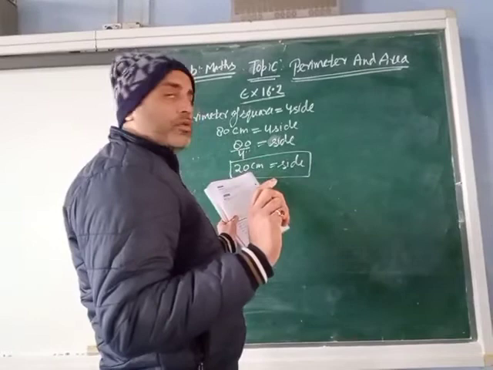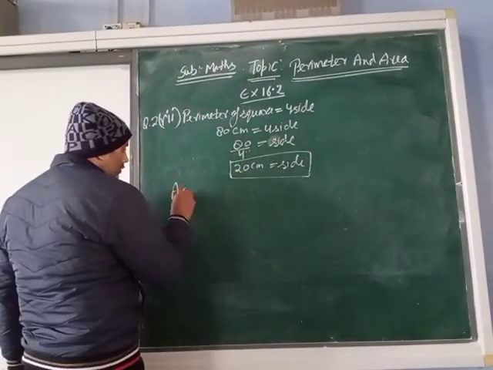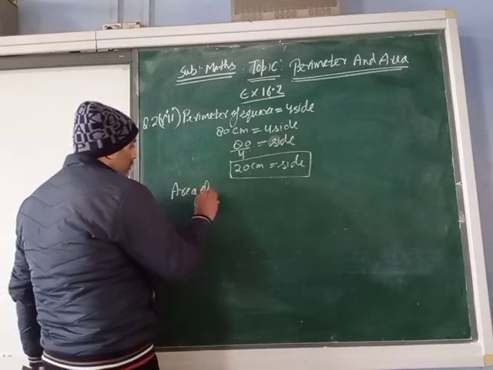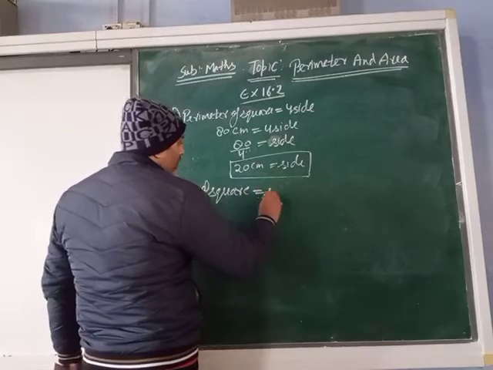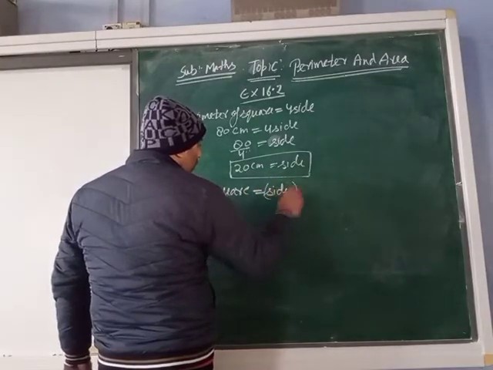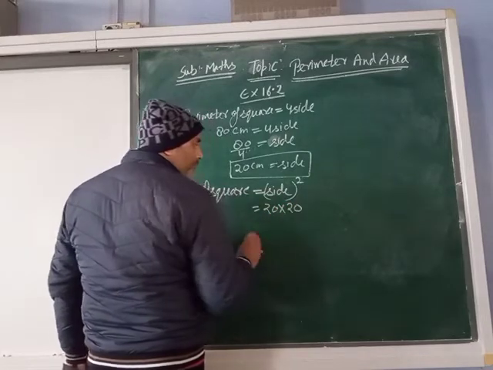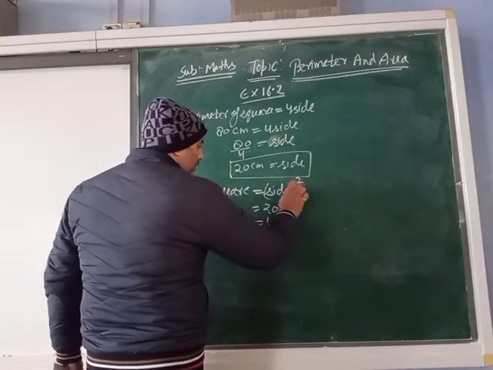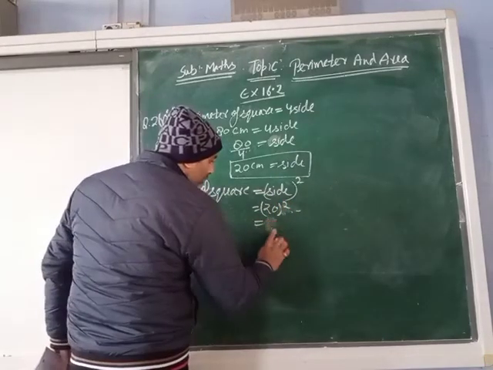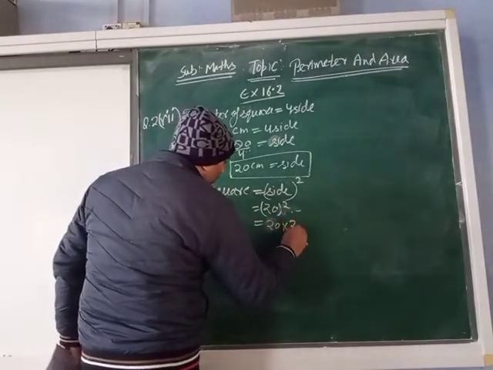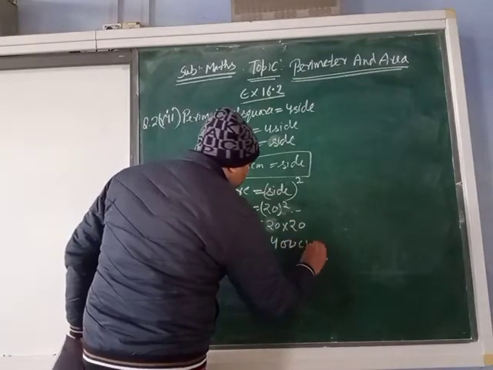We know the side of the square, so now find the area of the square, that is side square, 20 into 20. First you can write 20 square, then 20 into 20, that is 400 centimeter square.